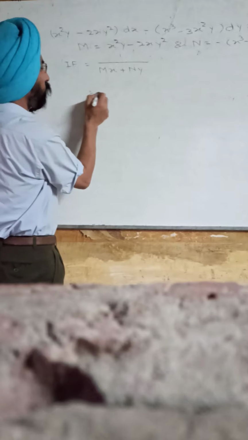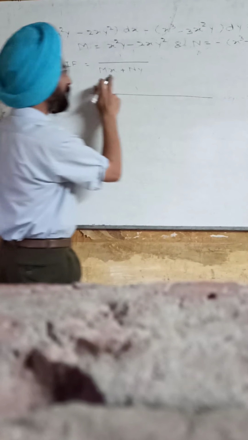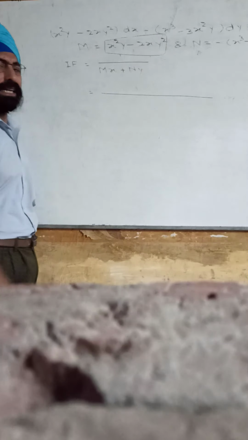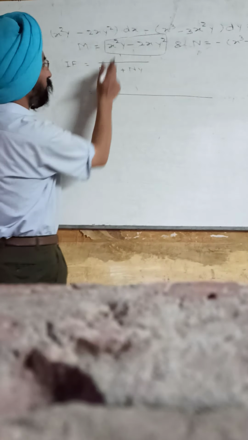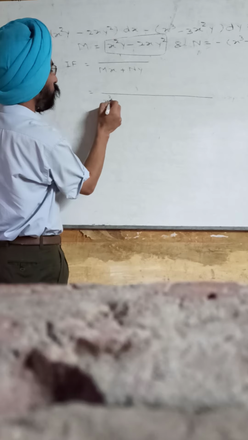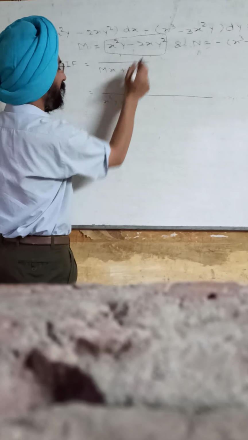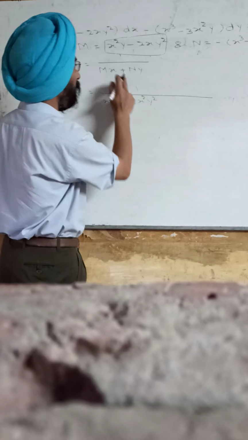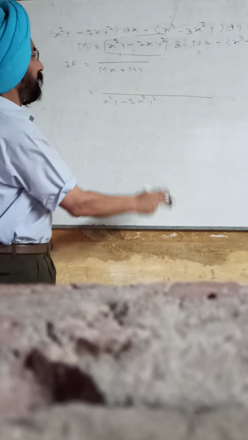That means 1 upon, this is Mx, here it is M, multiplied by x. You will get x cube y minus 2x square y square, plus Ny.